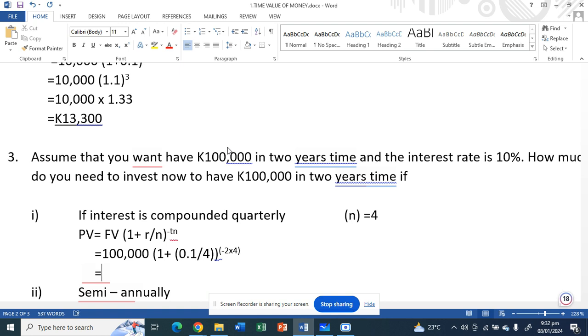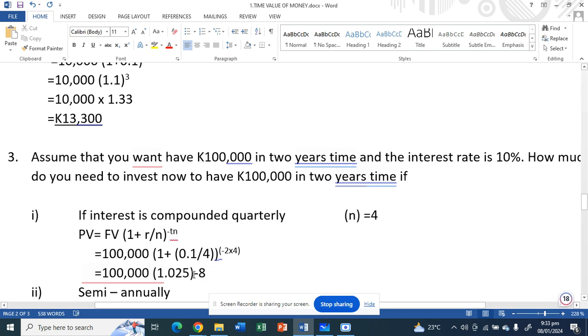Let's get our calculator. 0.1 divided by 4, we get 0.025. Then add that 0.025 plus 1, we get 1.025. Then here in our exponent, negative 2 times 4, that is negative 8.